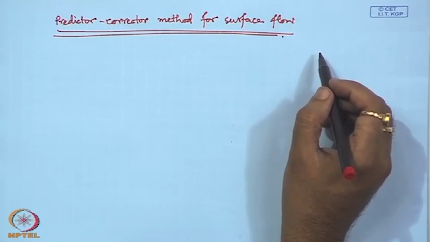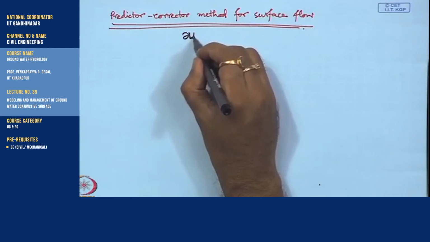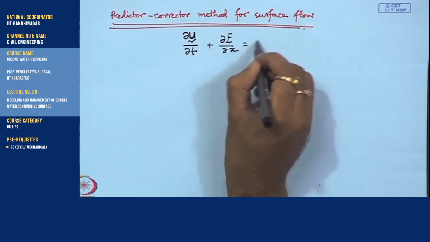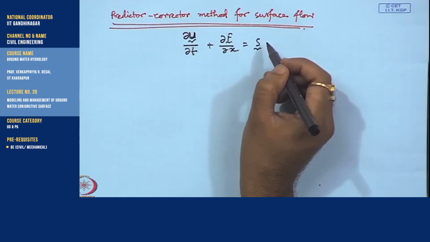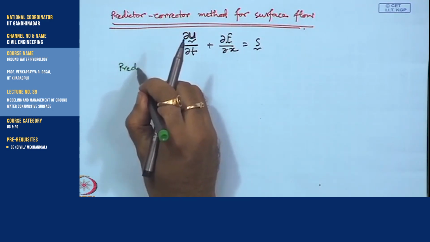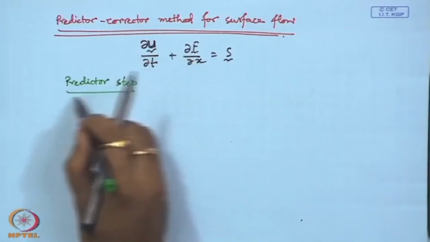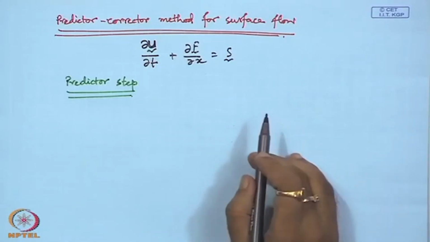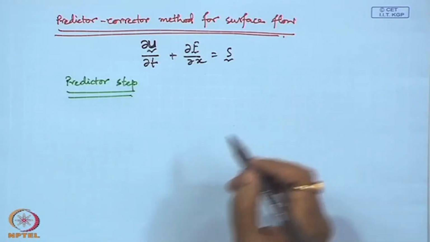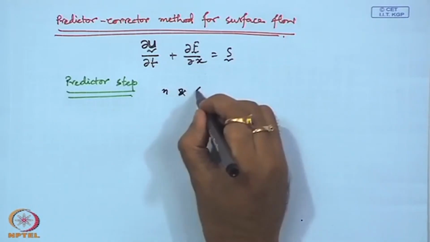Our governing equation is del u by del t plus del f by del x equals to S. So, for that, the predictor step can be written using the n and star levels.